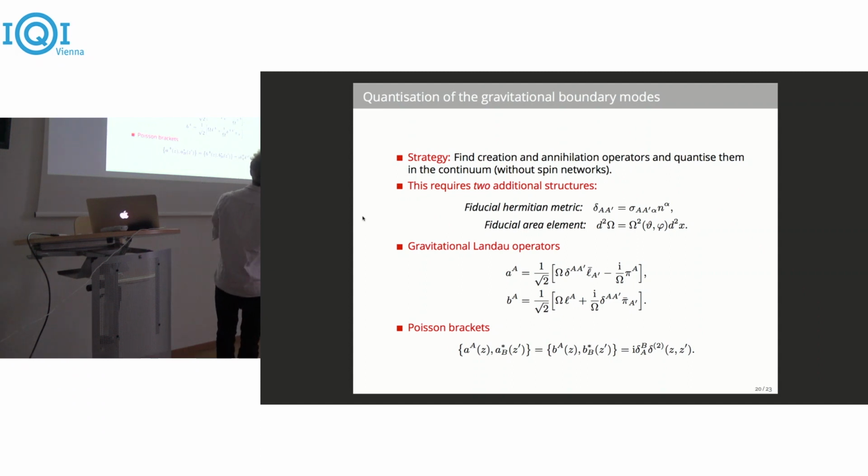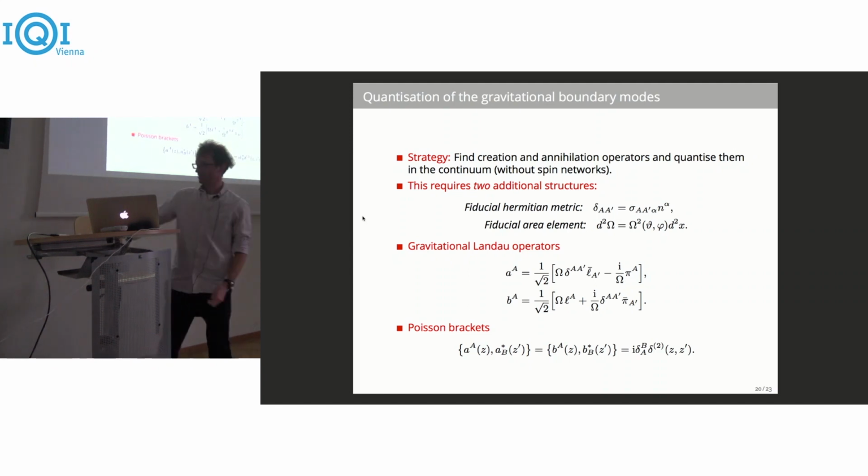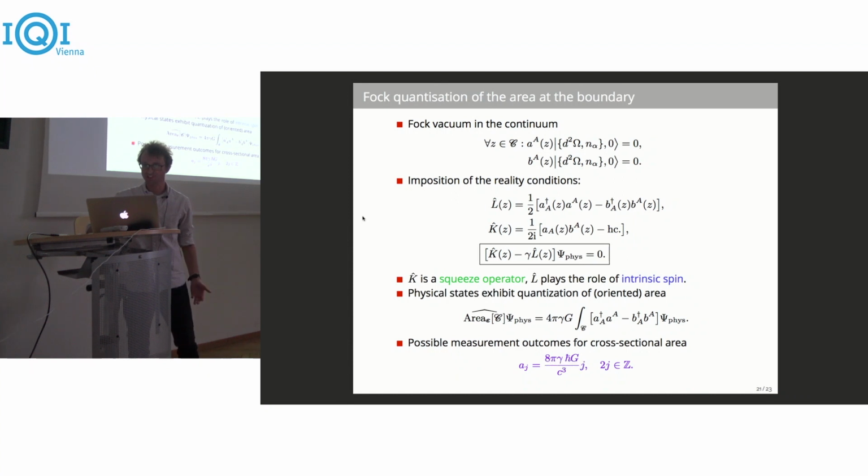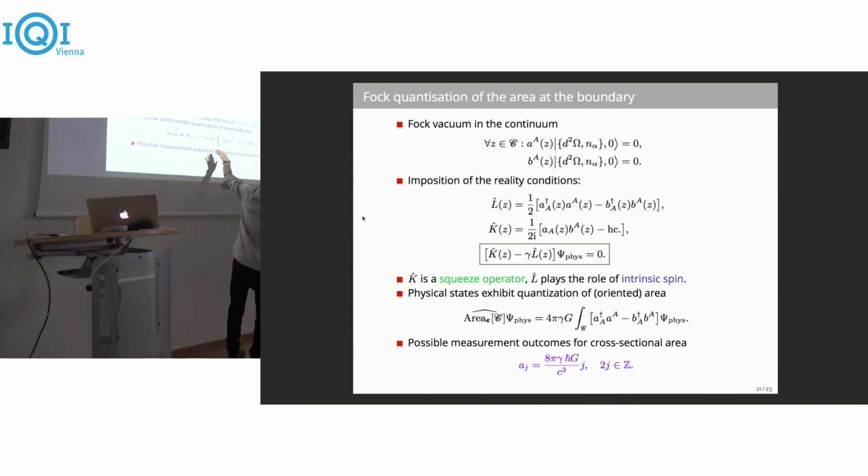And if you introduce these, which at this geometric level amounts to introducing an unphysical fiducial area element on the null cone, in addition to a complex structure, then you can introduce these harmonic oscillators, and the area of your two-dimensional cross sections can then be expressed on physical states simply as a difference of two number operators, which then have a discrete spectrum.